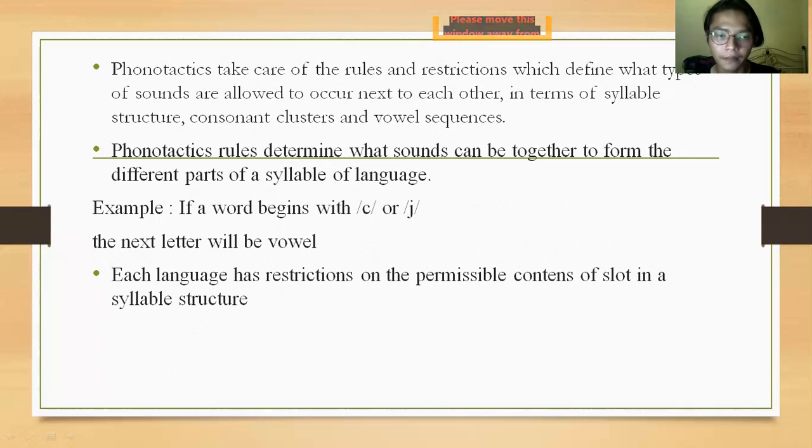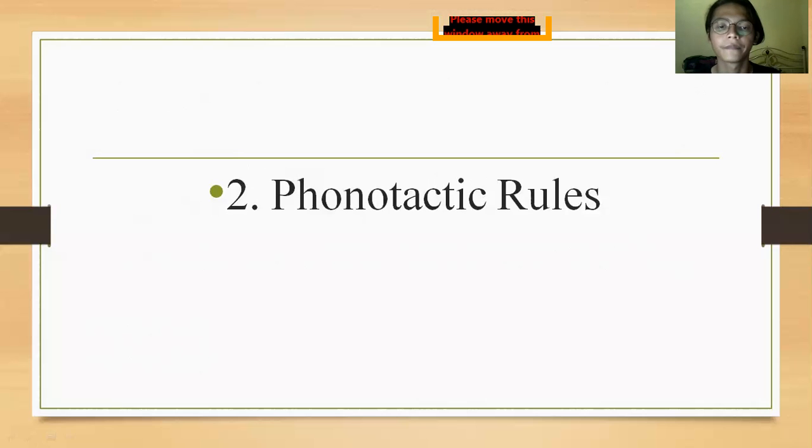Here is an example: if a word begins with C or D, the next letter will be a vowel. Each language has restrictions on the syllable contents of slots in syllable structure. So that's all from number two, phonotactic rules.